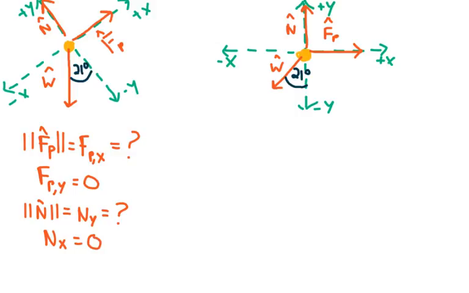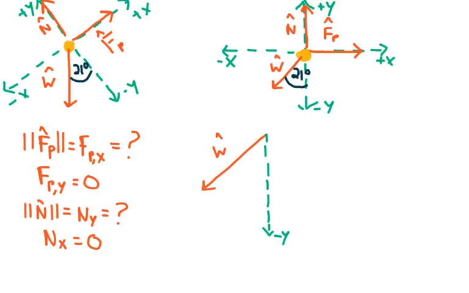So really the only one that we have to do some trig on is the weight force, and it's going to be some simple trig. I'm going to redraw that vector just to make it a little clearer with the triangle that I'm using. So here's the weight, here is my negative y-axis.